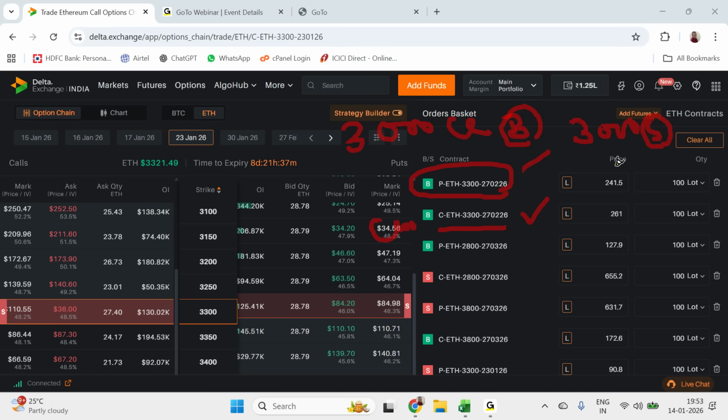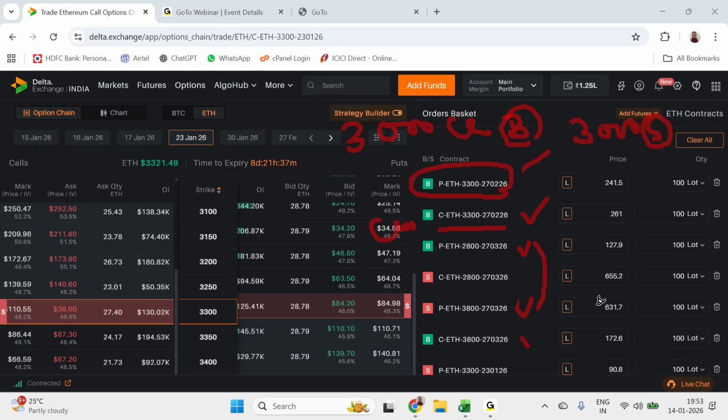Along with that, if you want to enhance your profitability, whether it is 3600 or 3000, one side of your box will be at a profit. If it is 3600, then the put side will be at a profit: 3800 put sell along with 2800 put sell.